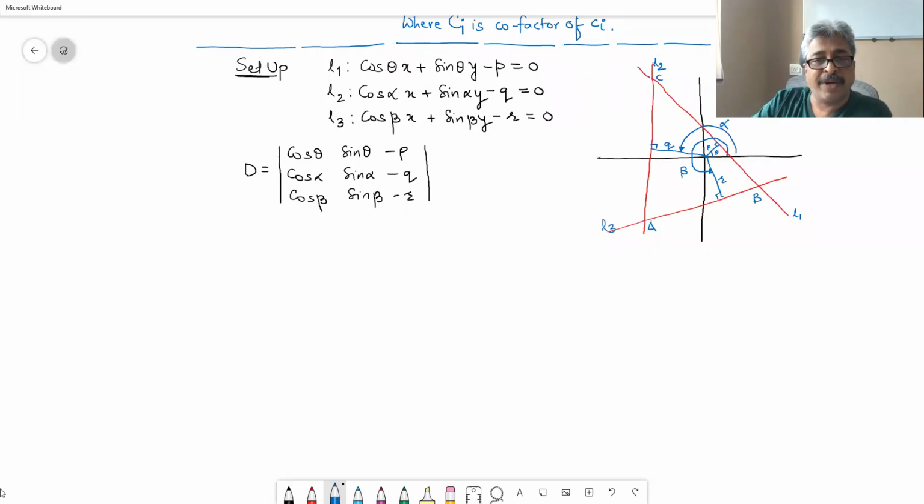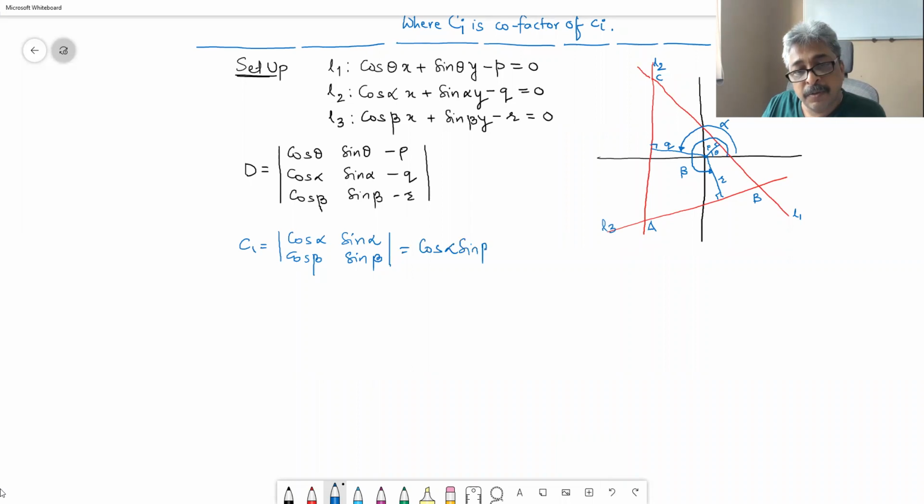Okay, let us first find out the cofactors. C1 is the determinant of cos alpha, sin alpha, cos beta, sin beta, which will be equal to cos alpha sin beta minus cos beta sin alpha, which is equal to sin(beta minus alpha).